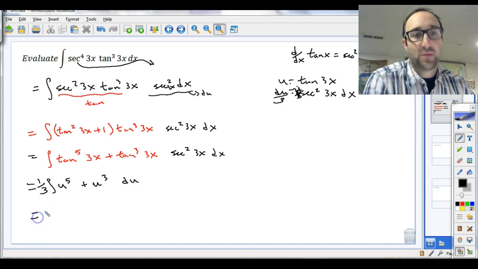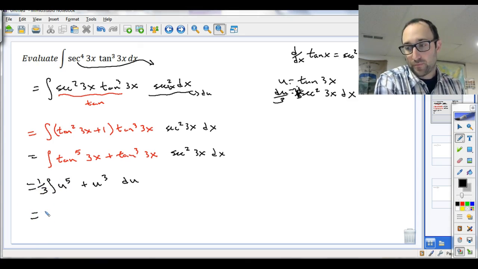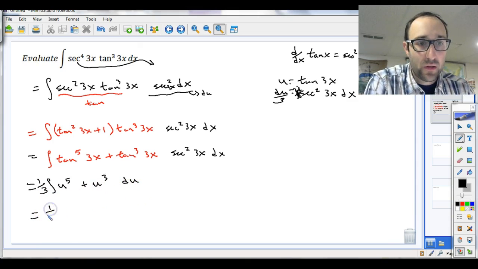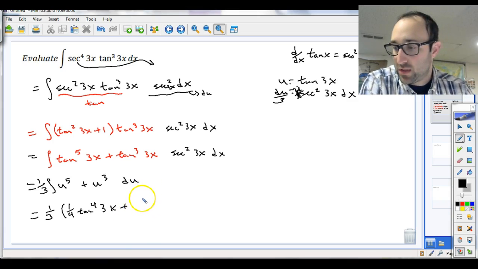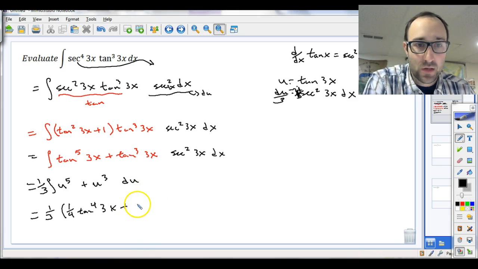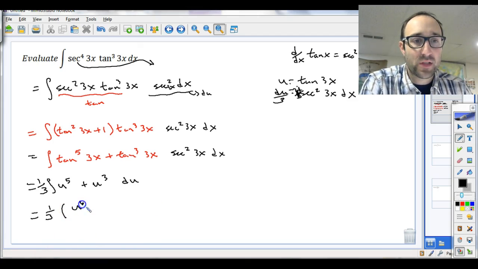So what we should get for our answer is 1/3 of u to the sixth over 6 plus u to the fourth over 4 plus c.